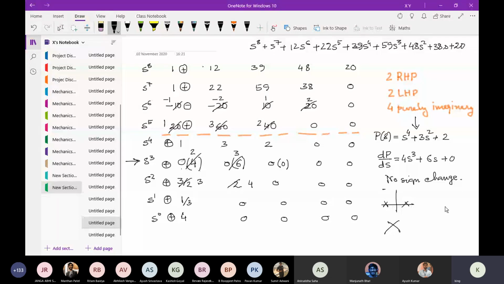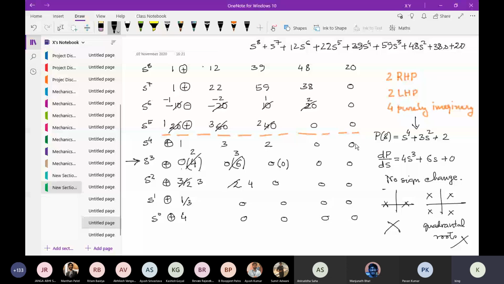You also don't see the possibility of quadrantal roots, because if you had that, again you would have seen sign changes. Sir, so here the sign change means a change in the real part of the root. Yeah, so obviously, we are seeing the sign change of the real part of the root. Yes, that is right.